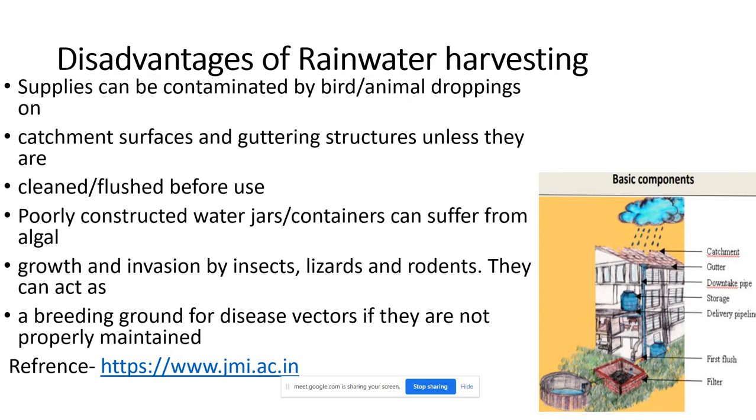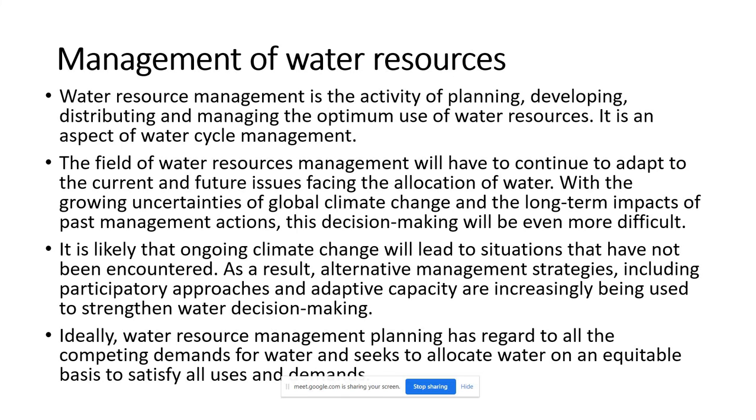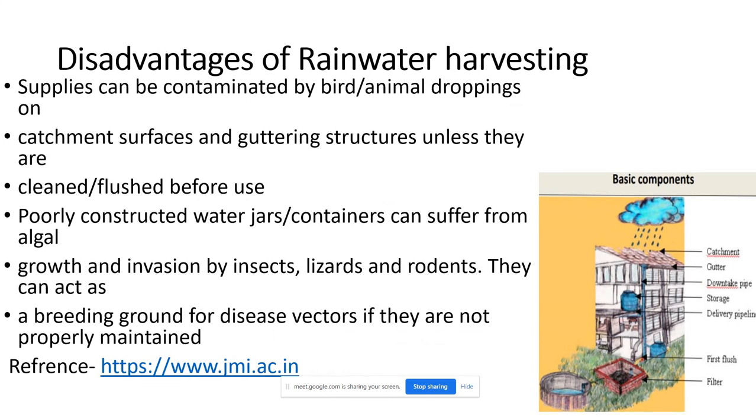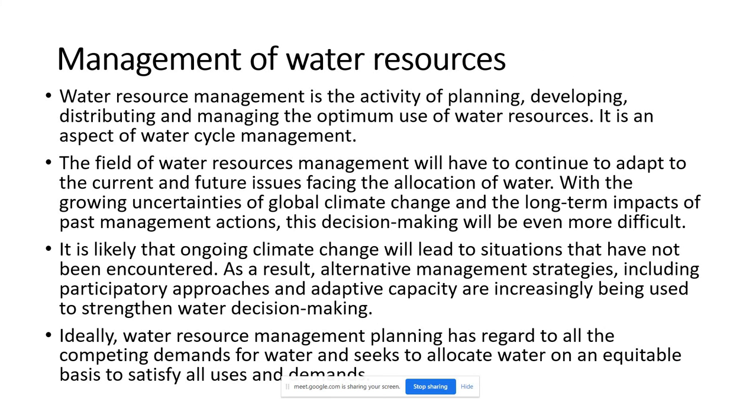The field of water resources management will have to continue to adapt to the current and future issues facing the allocation of water. With the growing uncertainties of global climate change and the long-term impact of past management actions, decision making will be even more difficult.